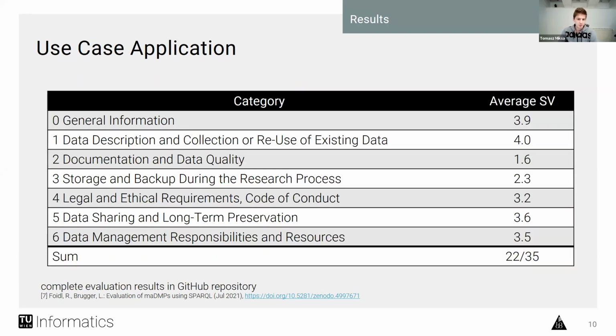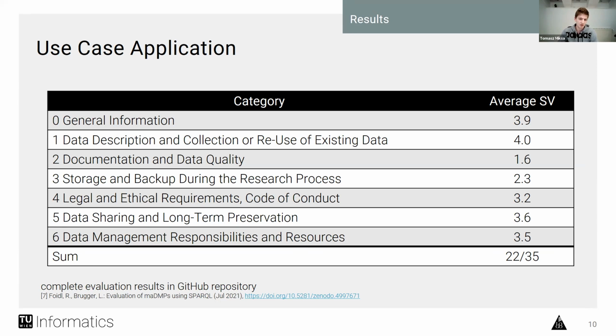On the previous slide, we talked about an evaluation of our mapping, and this slide represents an application of our mapping, so that we were able to evaluate some concrete maDMP instances from a Zenodo community, to which we assigned satisfaction values, which were explained by Leah before.